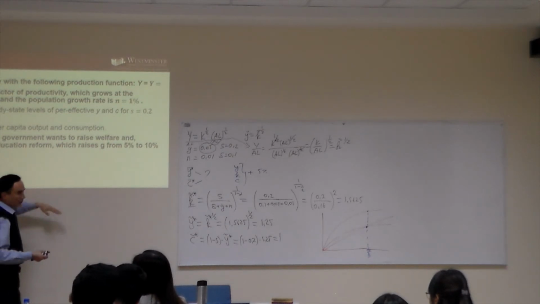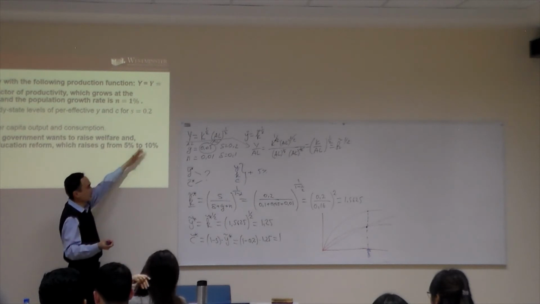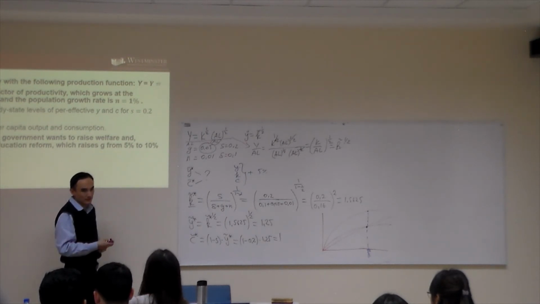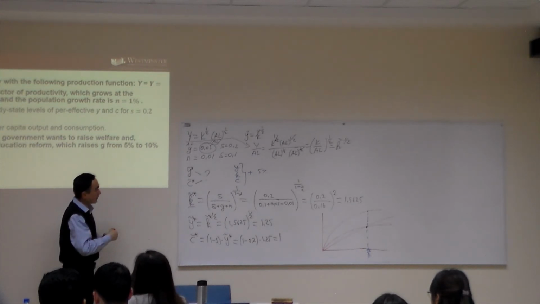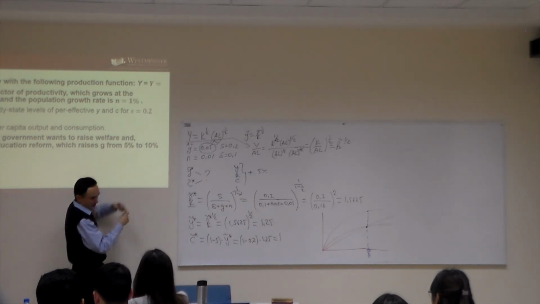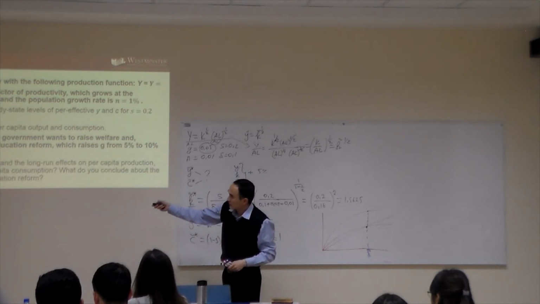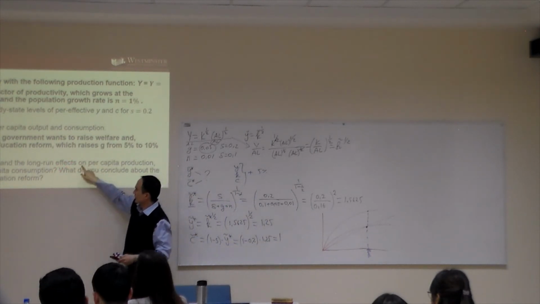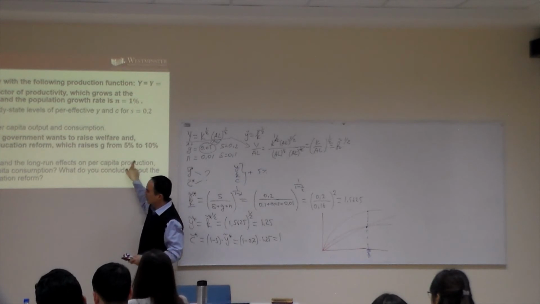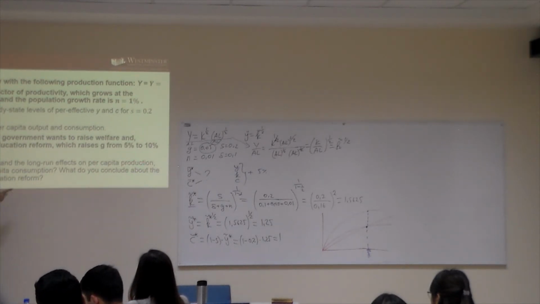Let's say today the growth in technology was 5%, but the next day we woke up and it just happened to become 10%. We were given that gift. So if it happens, our question is, what are the short and long run effects of this change on per capita production, output, consumption itself, and per capita consumption?